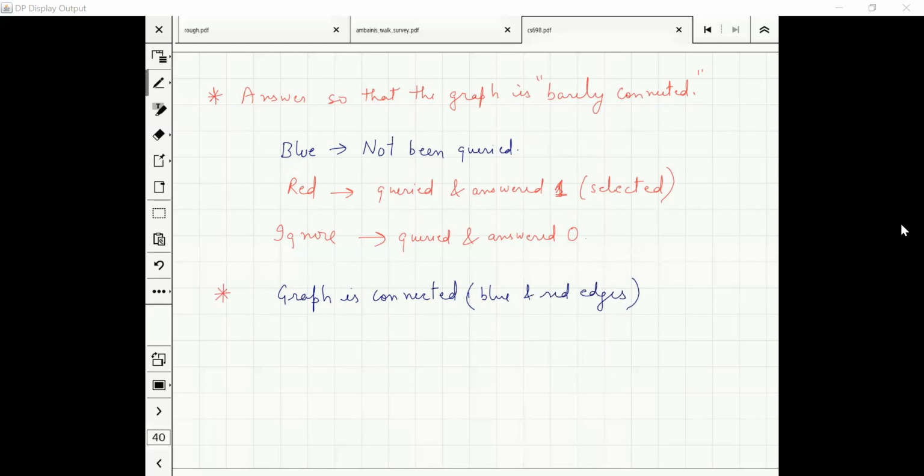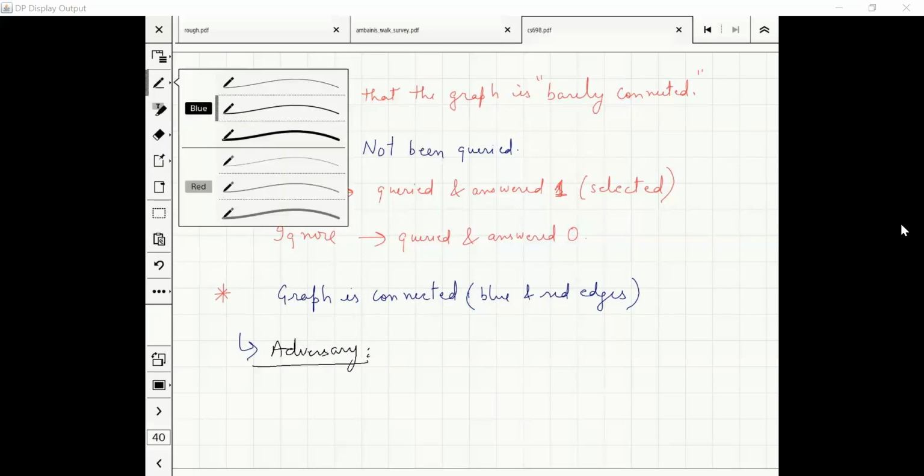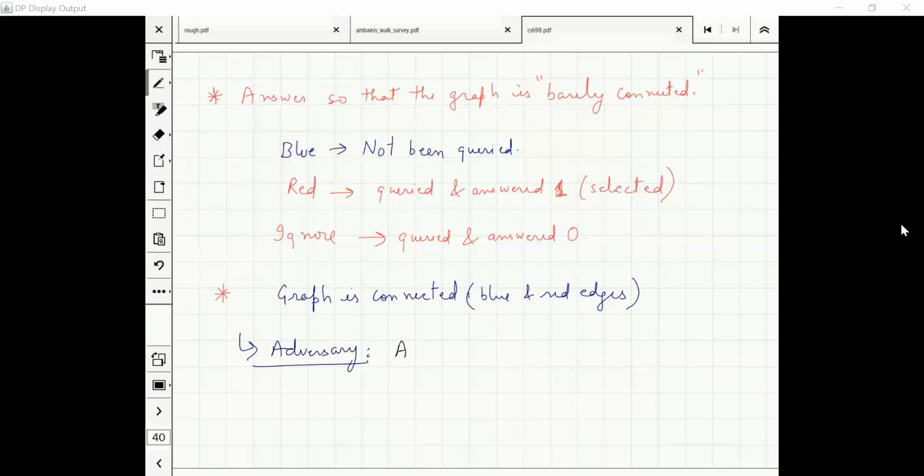Okay. So now how am I answering? Since I said barely connected, this is my adversary strategy: answer 0, except if 0 makes this invariant go wrong.